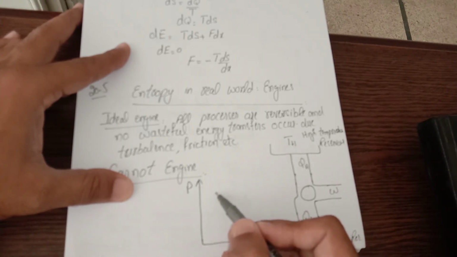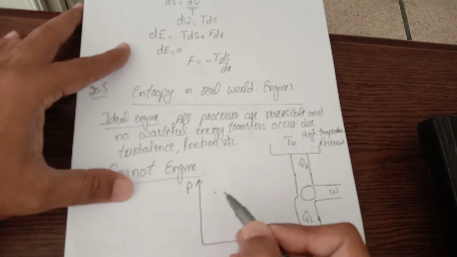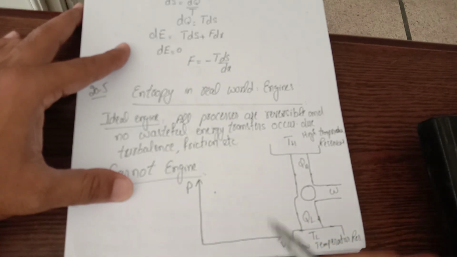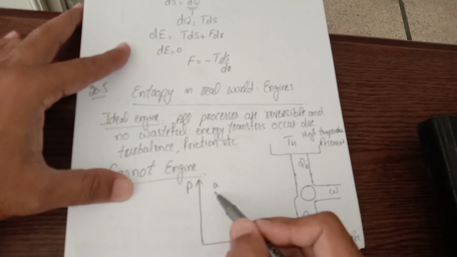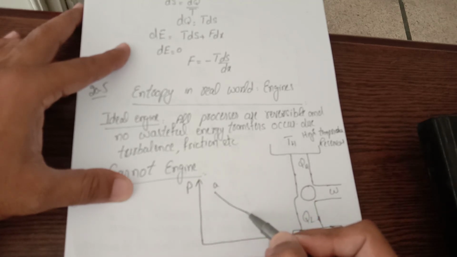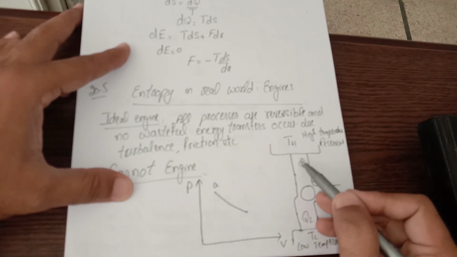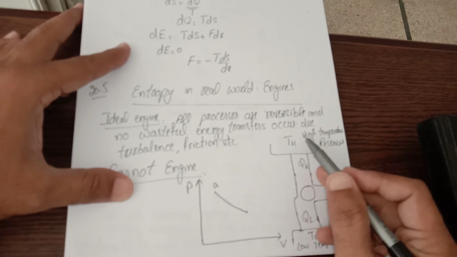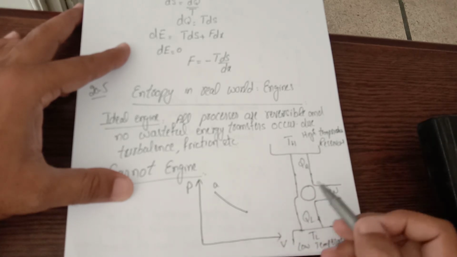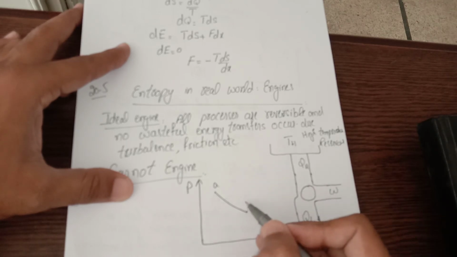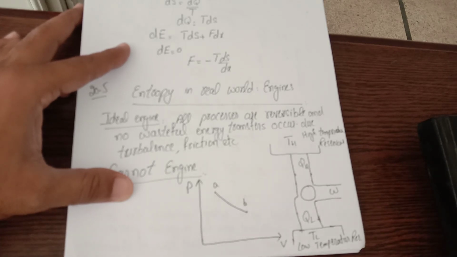First, this is my initial point A, and as this heat engine takes an amount of energy QH from this high temperature reservoir, this represents the case of an isothermal expansion from point A to B, and this is at temperature TH.